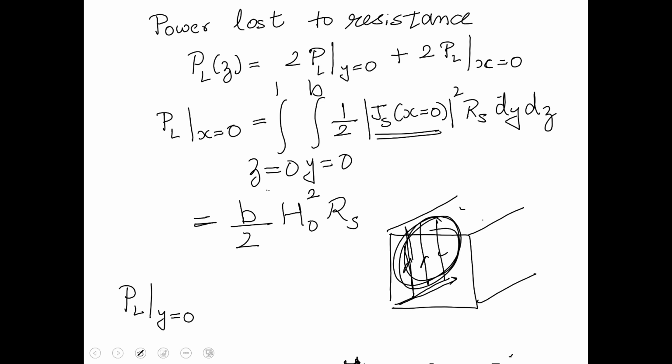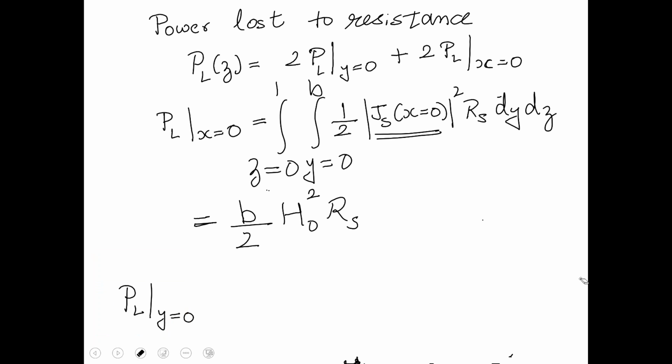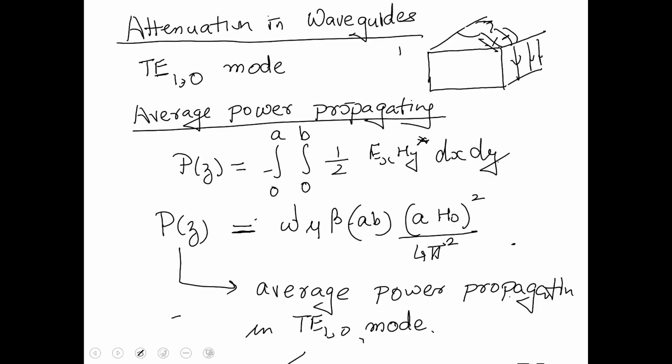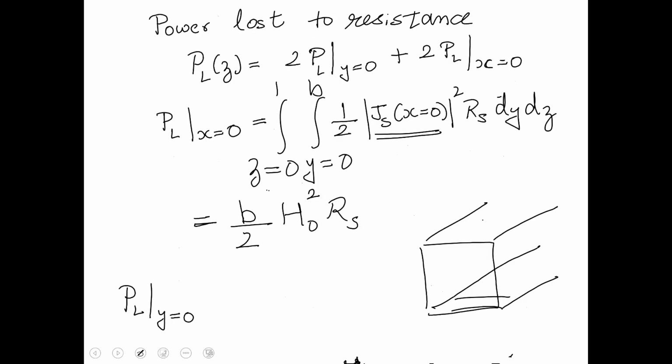So y is equal to 0 is basically taking that waveguide and now looking at how the current is flowing in this plate, and we know that the current flowing in this plate had a component in x direction and a component in z direction.